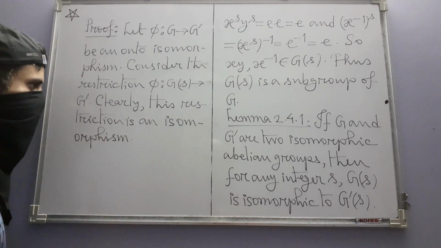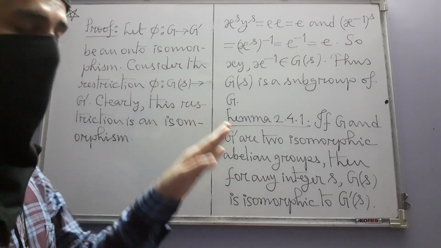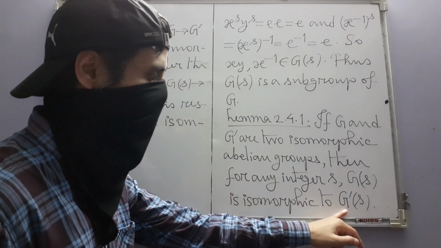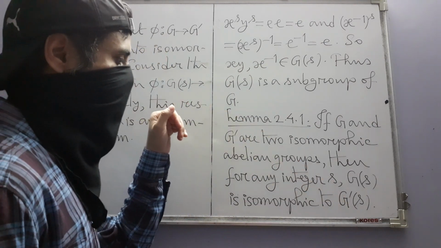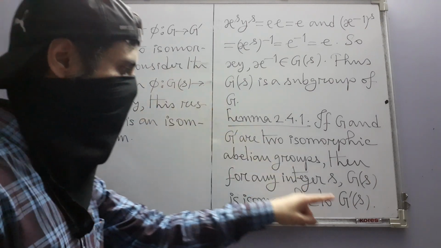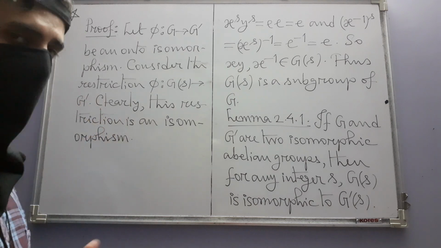All we need to show now is that it is onto. Well, I mean, this itself is not onto. That's not what we want. We want to show that the image of this homomorphism is G prime_s, which is a part of G prime. Let's see.